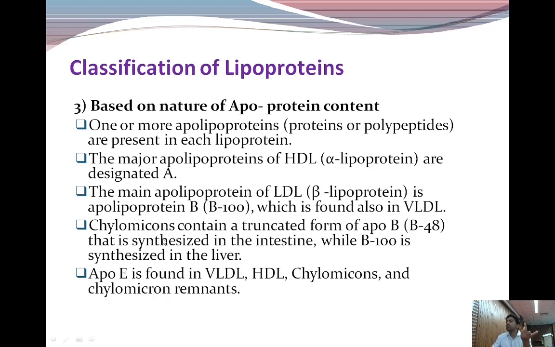So the protein part, the ApoB48 of the chylomicrons, will also be formed in the intestine. So ApoB48 is synthesized in the intestine, and ApoB100 is synthesized in the liver. And ApoE is found in most lipoproteins, but not in LDL. ApoE is found in VLDL, HDL, chylomicron, and chylomicron remnant.